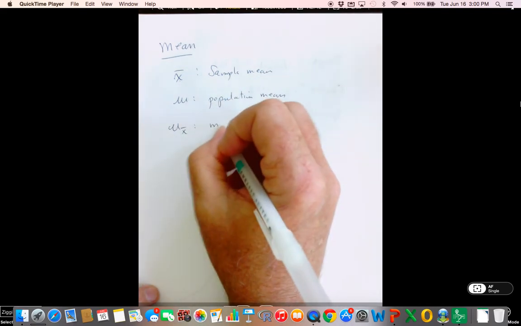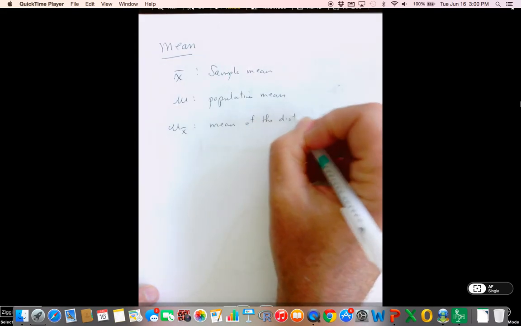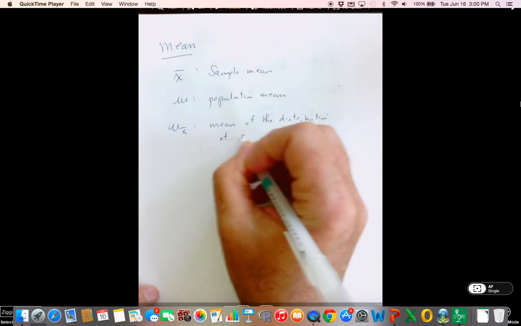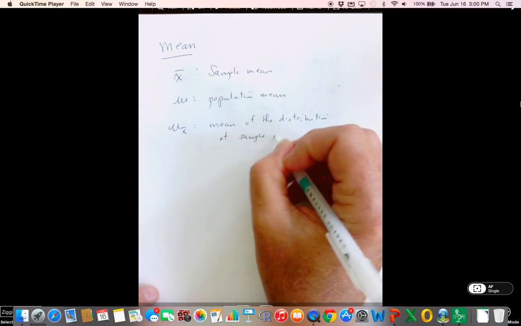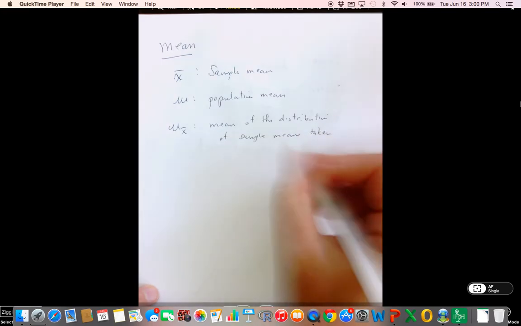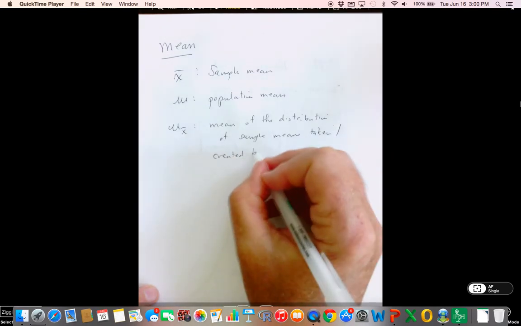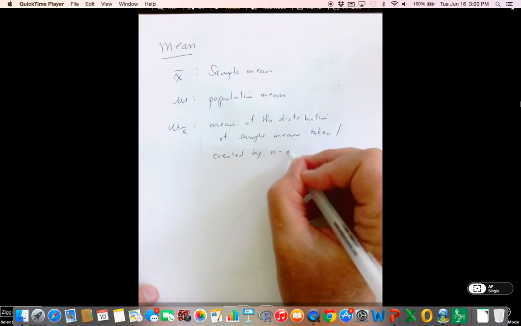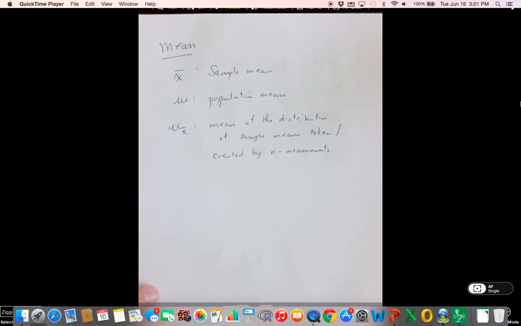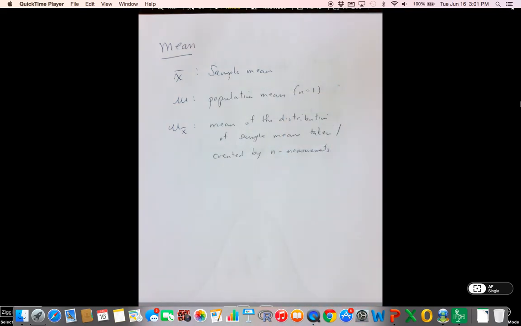And this is the mean of the distribution of sample means, taken or created by n measures. These up here are created one at a time.